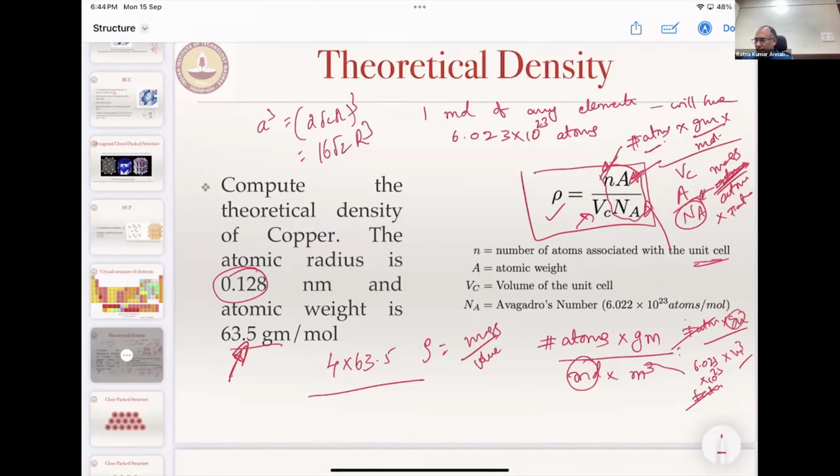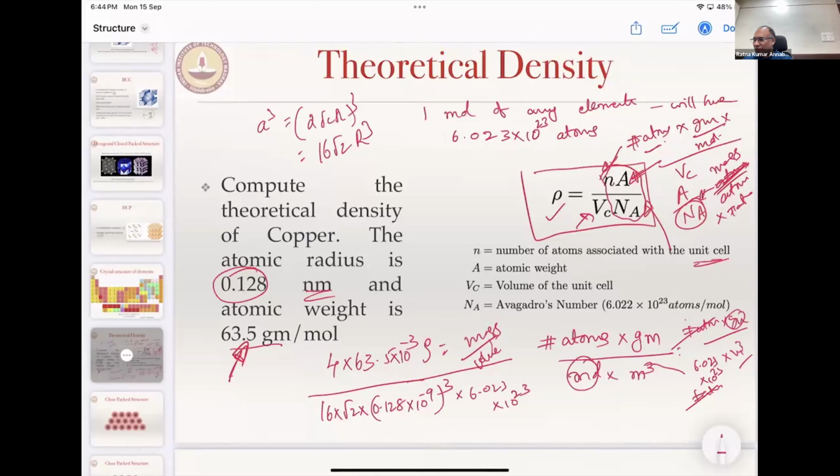That is 16 times root 2 times 0.128 into 10 power minus 9 whole cube. Why minus 9? Because it's in nanometers. It is in grams, so I am converting it to kg, 10 power minus 3. Then 6.023 into 10 power 23. So minus 27 plus 23 will become 10 power 4 when it goes up.